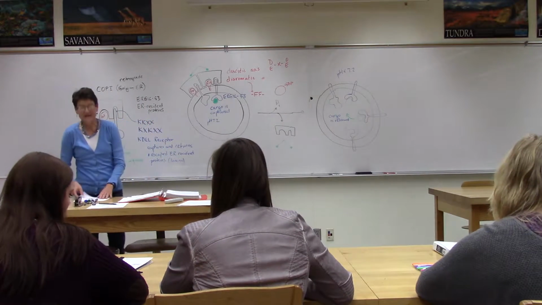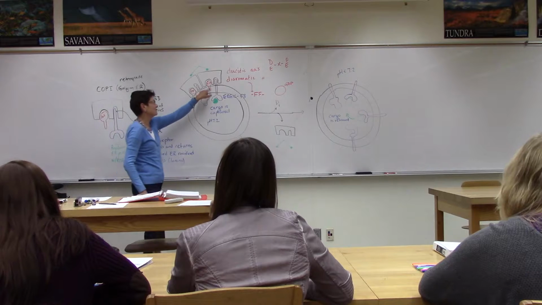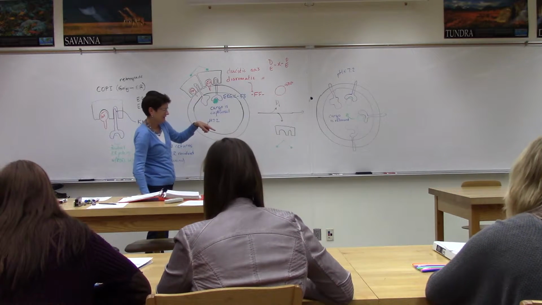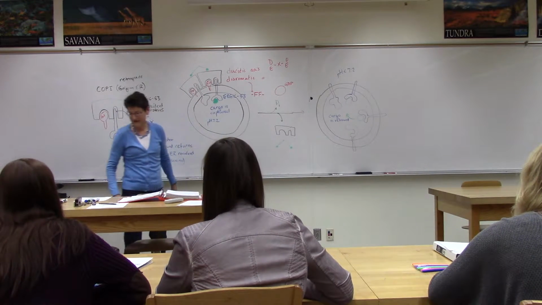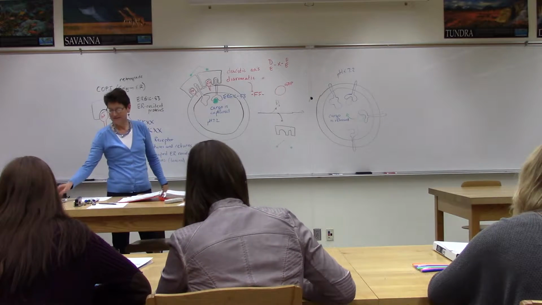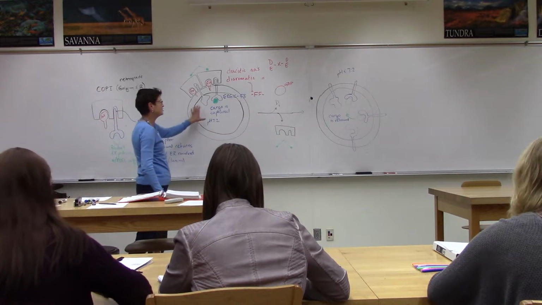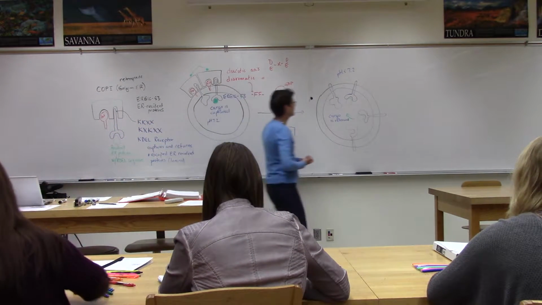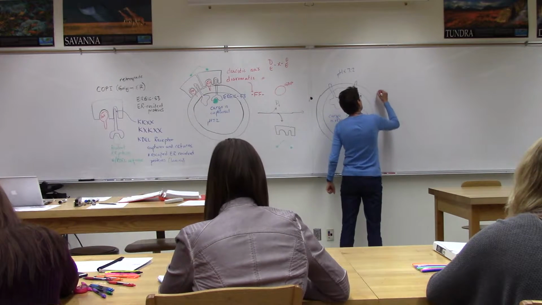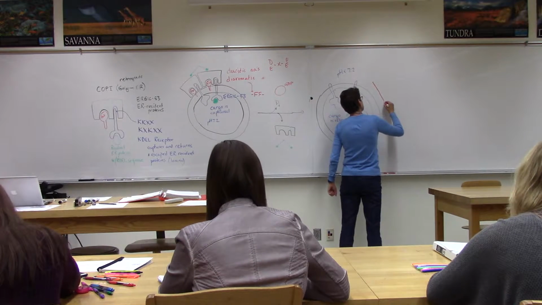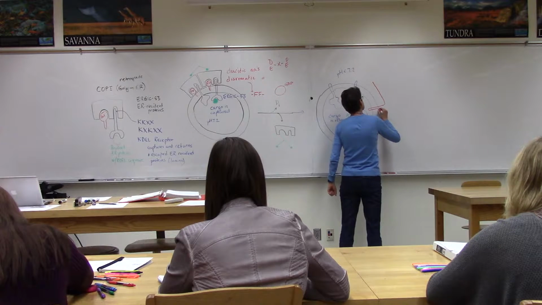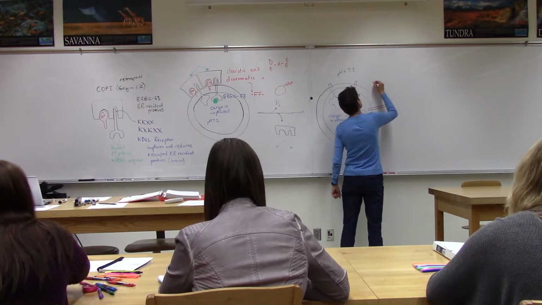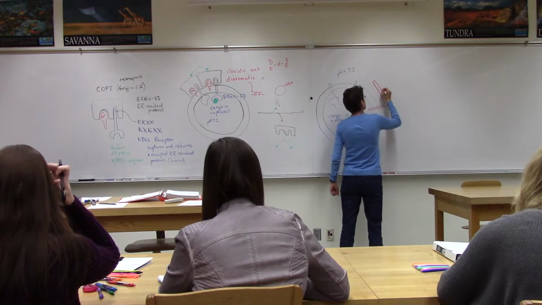What we haven't drawn in this picture is that there are a couple other proteins that have to get involved in moving a vesicle from one organelle to another. One of these is a V-SNARE.